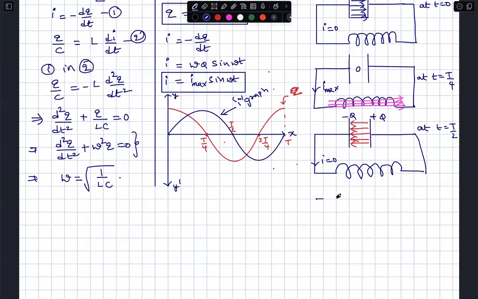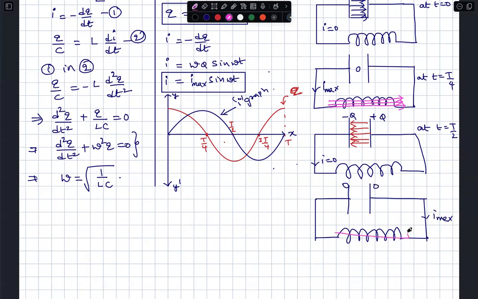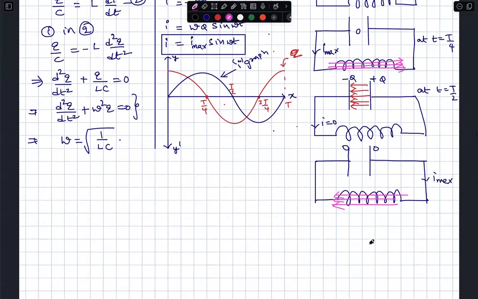Thereafter, what happens? Again, the current becomes a maximum in the opposite direction. And the charge becomes 0 here. And the entire energy is again in magnetic field form. And remember, this happens at t is equal to 3T by 4.